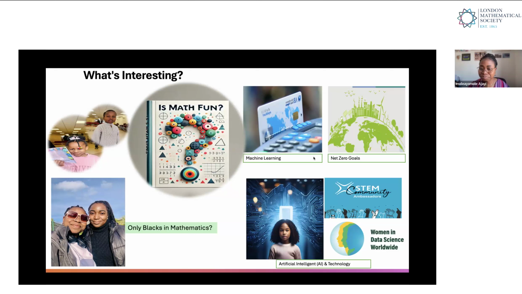And then the net zero goals is in alignment with my PhD as well, because what we want to do is combat climate change, and micro to nanoplastics have been found to contribute to climate change.